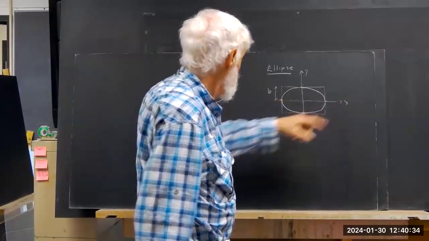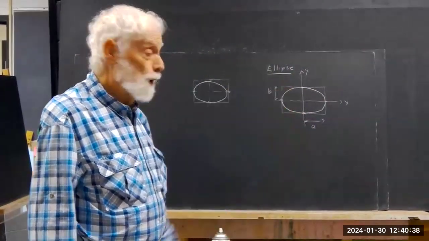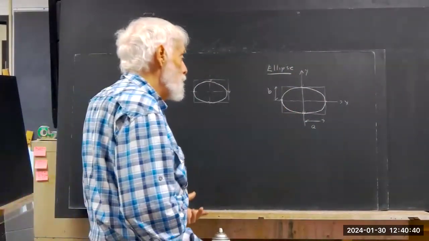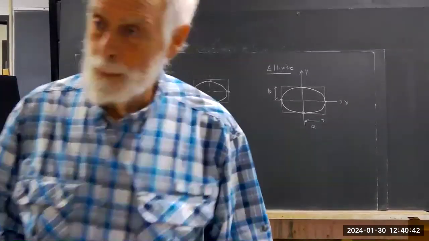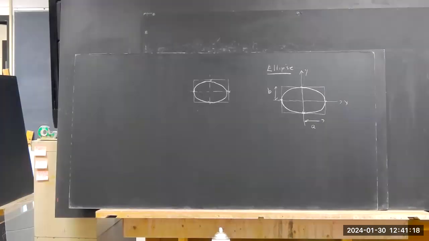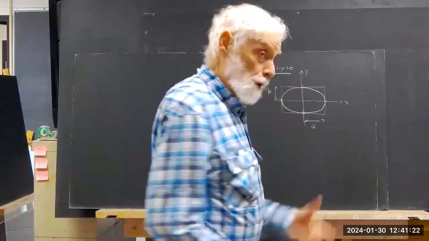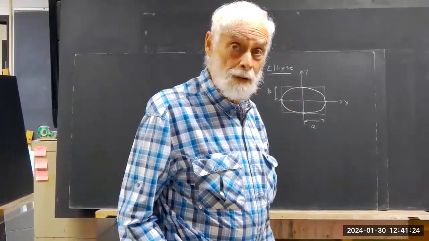Now, if the center lines coincide with the X and Y axis, this thing has an equation. Somebody started to tell me. Okay, now the first answer I got was how you write the equation this way. You can write it with parametric equations.